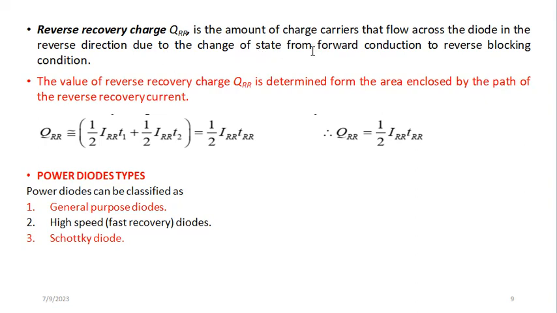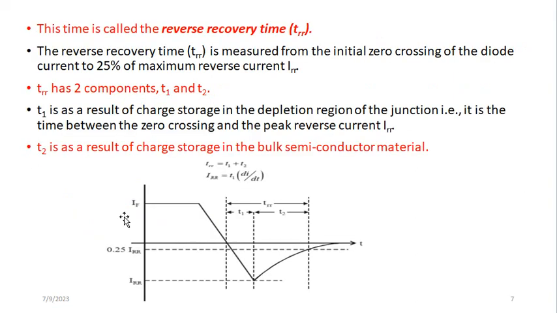The change of state from the forward conduction to the reverse blocking condition. And as we all know, the charge is a product of what? Current and time. Therefore, to determine it, we have to calculate the area during the reverse conduction, from the zero crossing line to the point where it returned to this 25%.